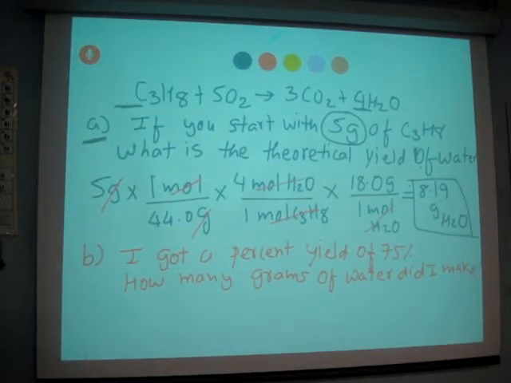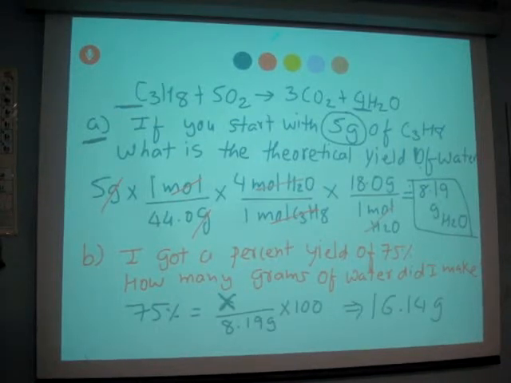Okay, so let's say we have been given 75% yield. We know that X divided by our theoretical yield, 8.19 grams, times 100 gives the percent yield. This one, X, we need to find: our practical yield, the experimental yield. So when you solve that, you get 6.14 grams of water that you can make.